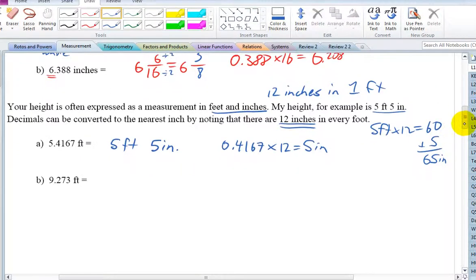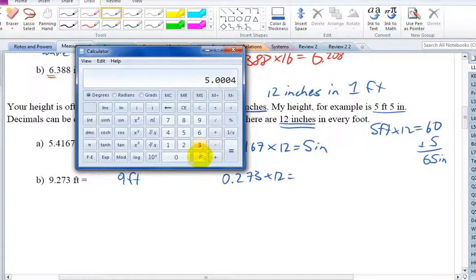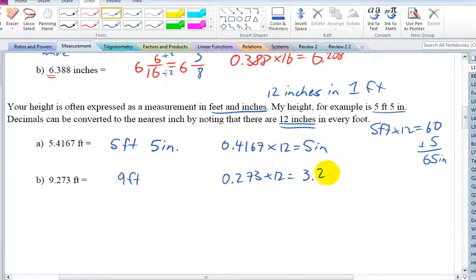Try the next one. How many whole feet do you have? 9 feet. Okay. So take the 0.273, times it by 12. And you get 3.276. So approximately how many inches do you have?